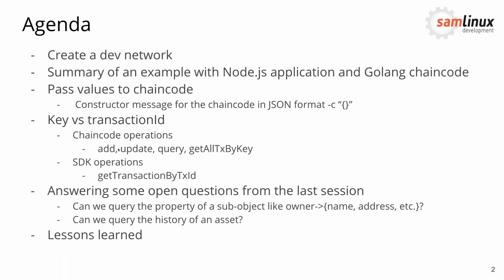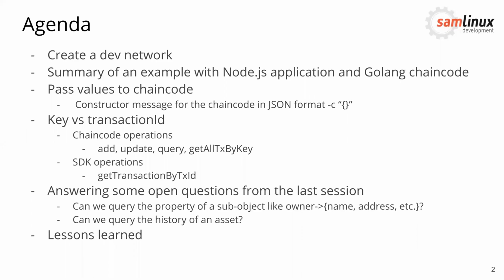I have also updated the chaincode with some new functions. So we will have an add function and an update function to see how the state is changed. Then the query functions are the same as last week. And then I have developed a new function, get all transactions by key.